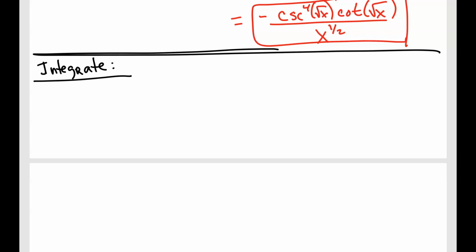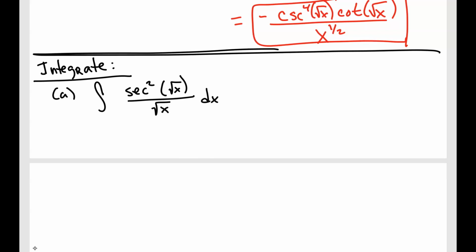Okay, so let's say, for example, what we have is the integral of secant squared of square root of x divided by square root of x dx. So let's say we have something that looked like that.